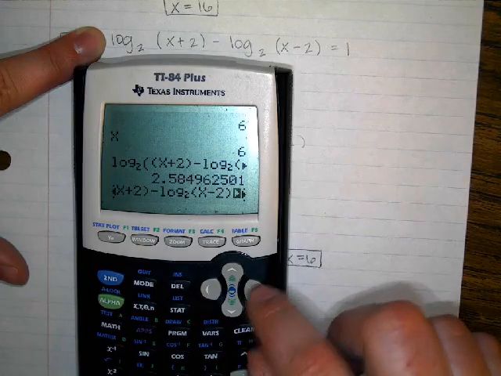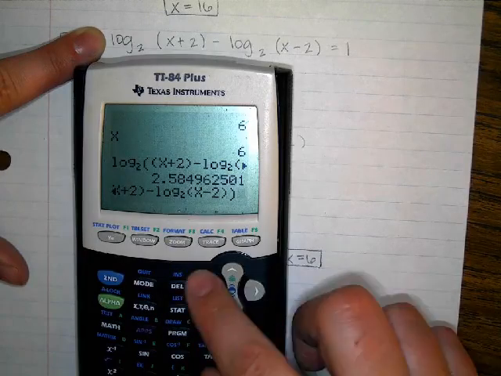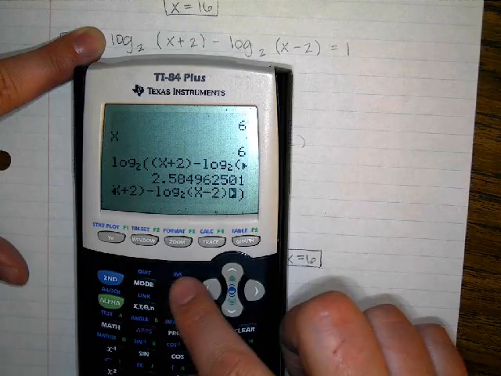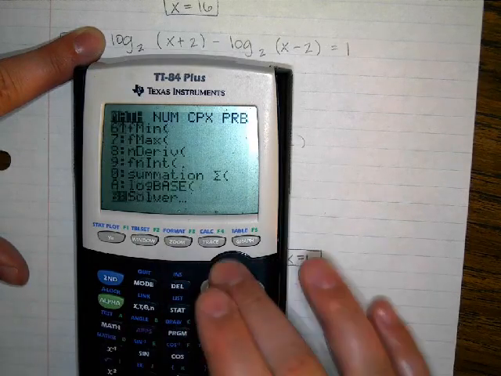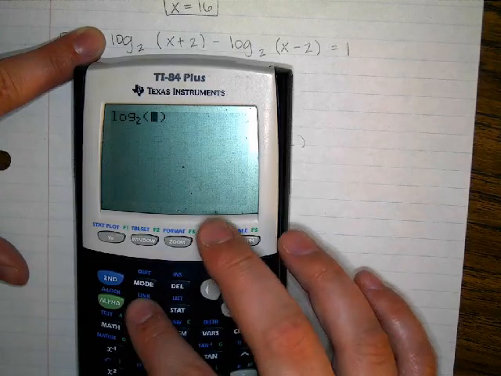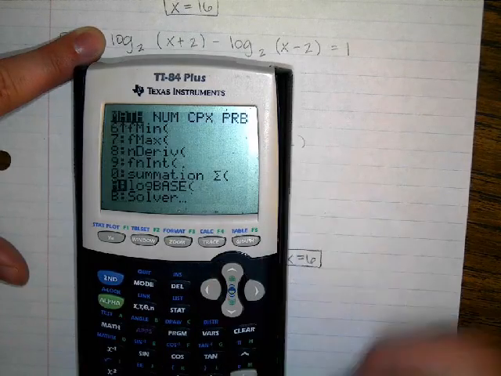Yeah, I think I just have to retype it. Math, up, up, log base 2 of x plus 2, it is 1, minus log base 2 of x minus 2. Yeah, equals 1. Okay, so sometimes they work, sometimes they don't work.